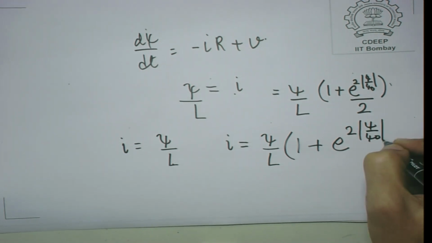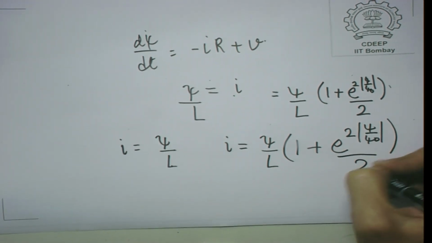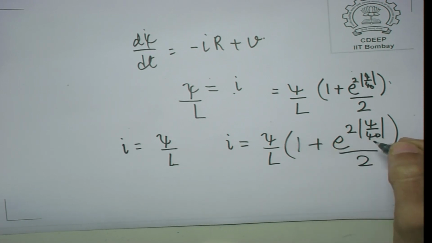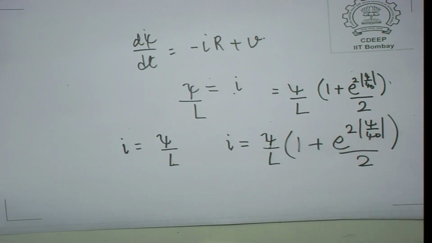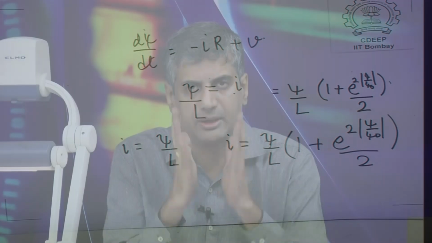So, if the magnitude of the flux increases, the amount of current required for a certain value of psi increases in a nonlinear fashion. This is a function which I have chosen. It is not actually a replica of real life characteristics, but it is a nonlinear function which mimics the fact that current is a nonlinear function of psi.